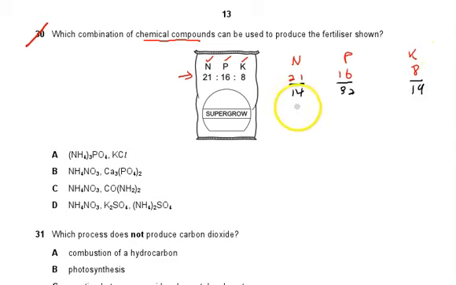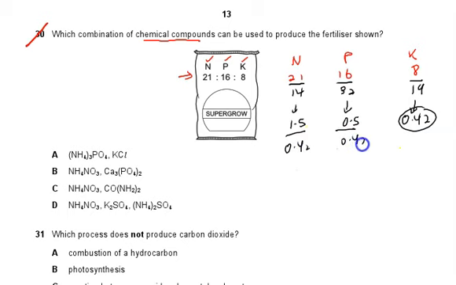Once we divide, we will get 1.5 here, 0.5 here, and for potassium, 8 divided by 19, you will get about 0.42. Now we have to take the smallest number and divide all the moles by it.